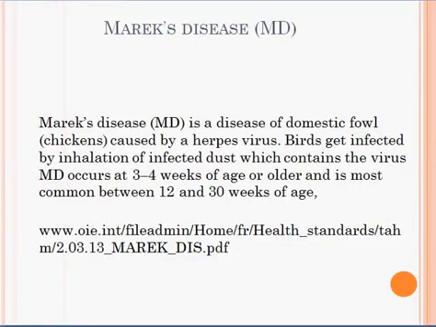Marek's disease is a disease of domestic chicken caused by a herpes virus. Birds get infected by inhalation of infected dust which contains the virus. Marek's disease occurs at 3 to 4 weeks of age or older and is most pronounced or common between 12 and 30 weeks of age.